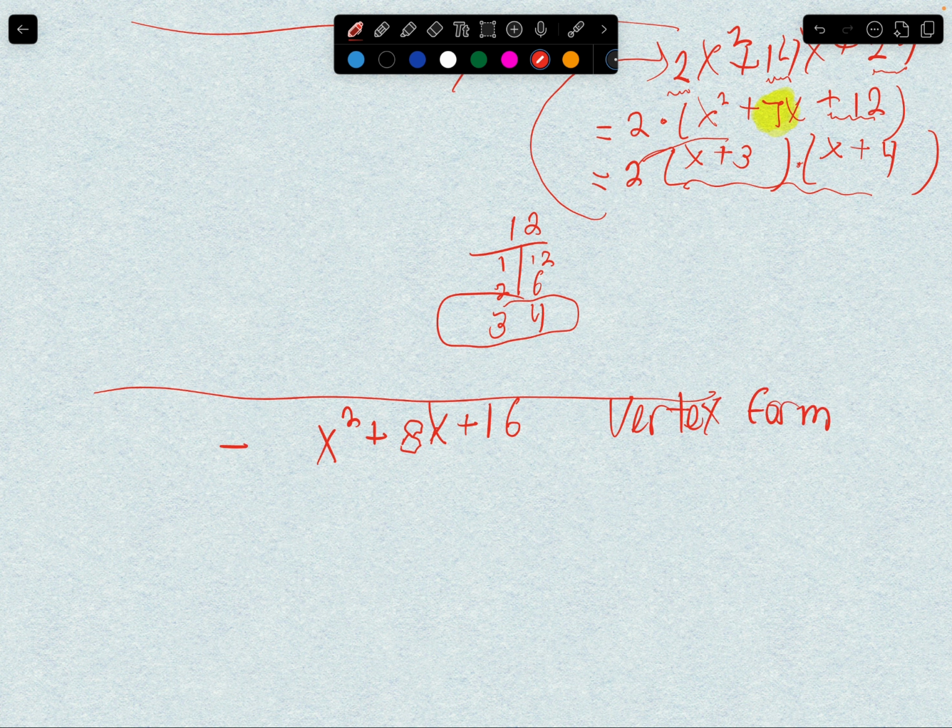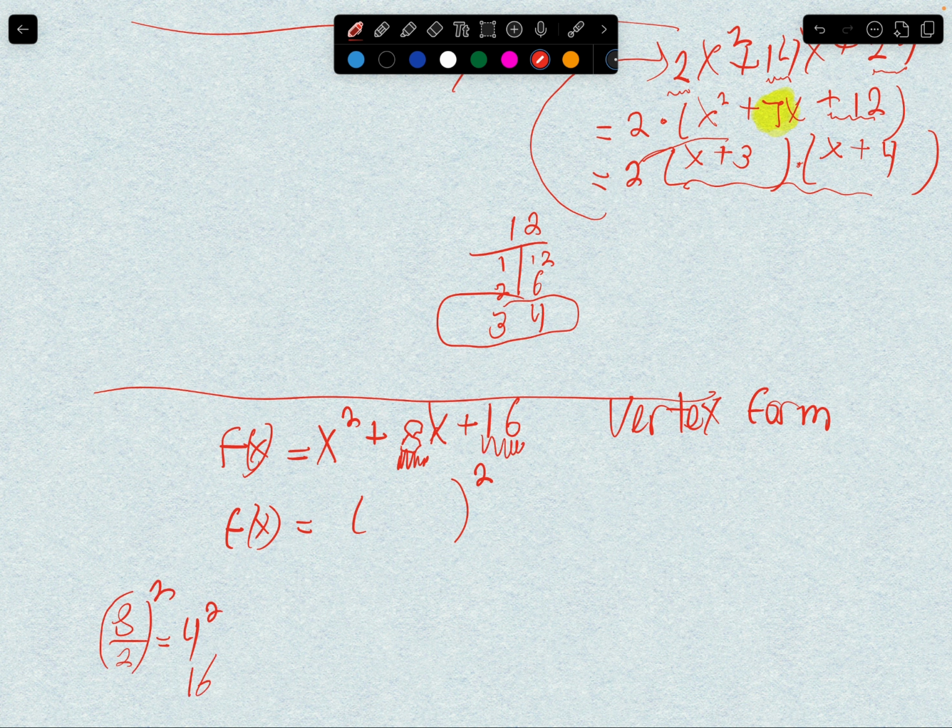If I had this f of x equals that, can I put that in vertex form? Heck yeah, I can. Because that's already a perfect square trinomial. I know that because half of that 8 is 4. And when I square the 4, I would get 16.